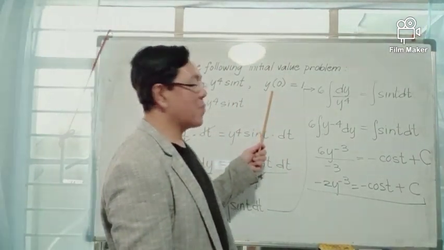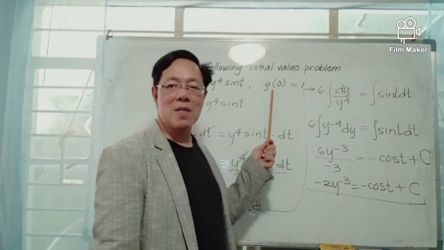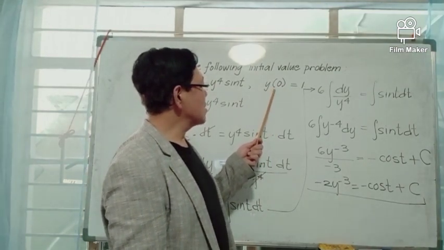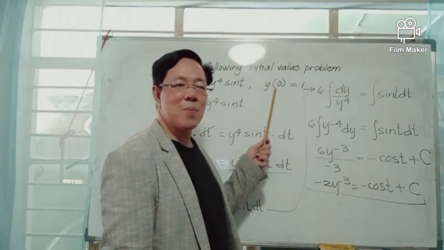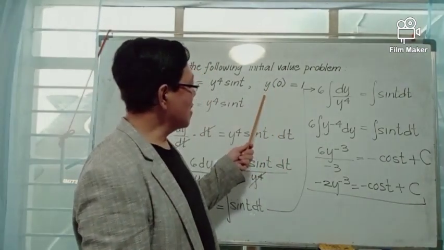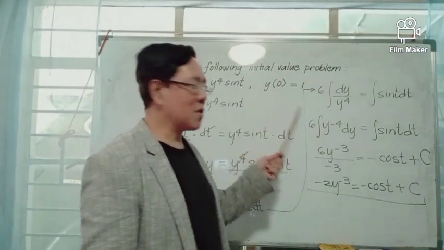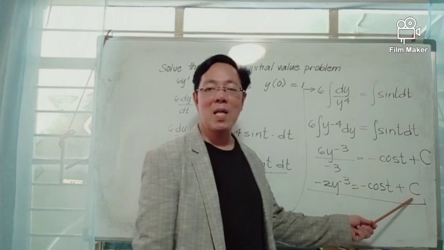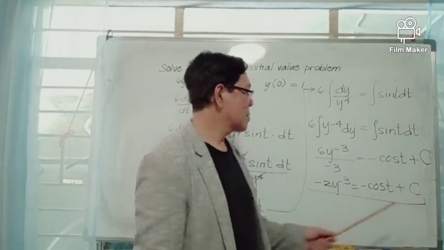And to find the particular solution that satisfies the initial conditions given, that is the condition when t equals 0, the value of y equals 1. When we substitute these initial conditions given in the general solution, we will find the value of c.